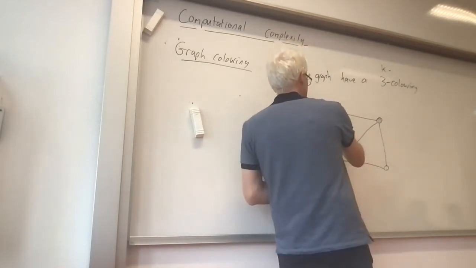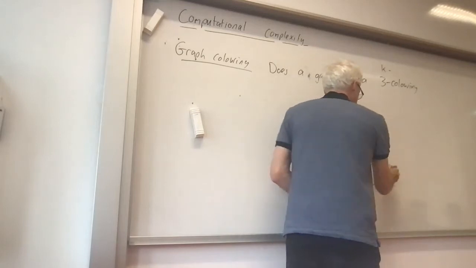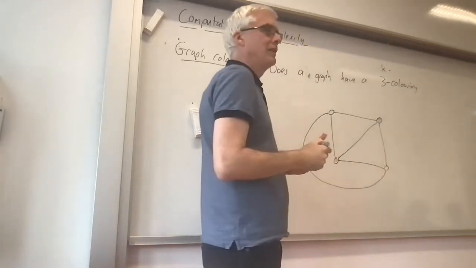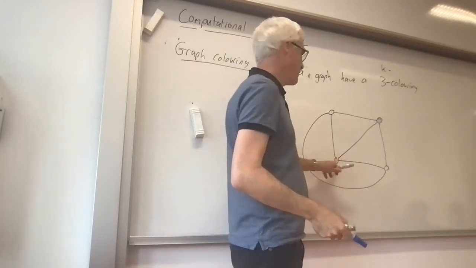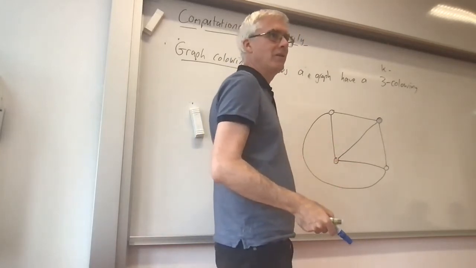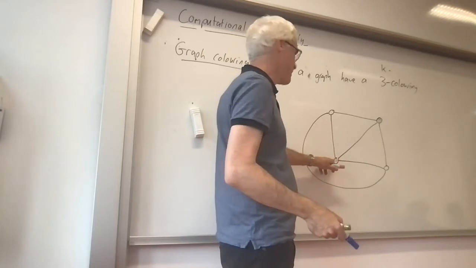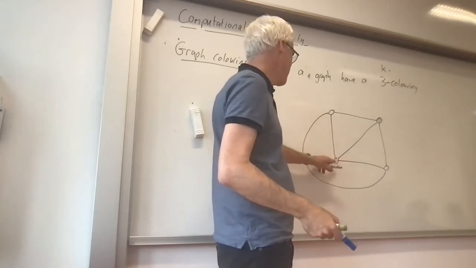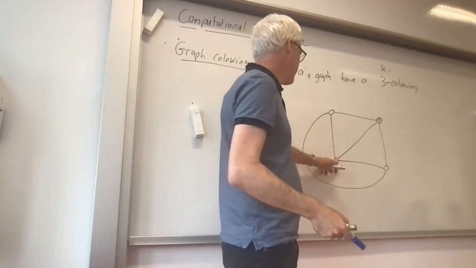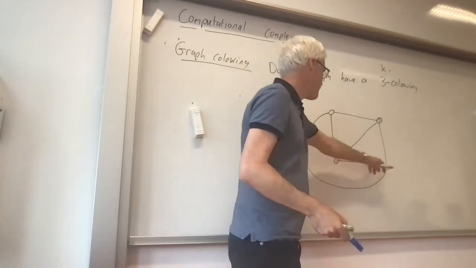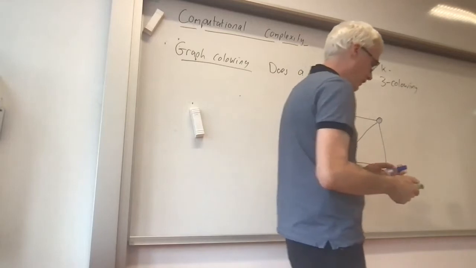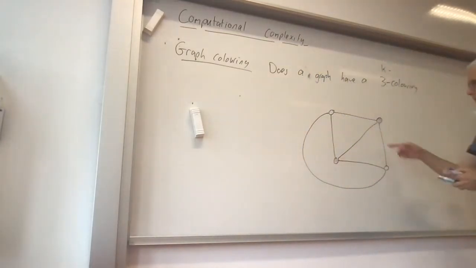But if we had another edge here, then there's no possible 3 coloring, because this is the clique on 4 vertices, every vertex is connected to every other vertex. And so if we already use 3 colors for 3 vertices, we don't have a color left for this one. So in the case of this graph, the answer is no.